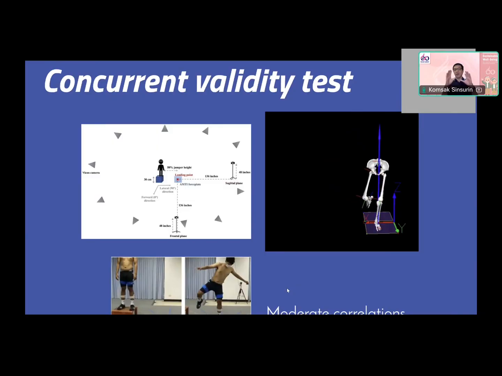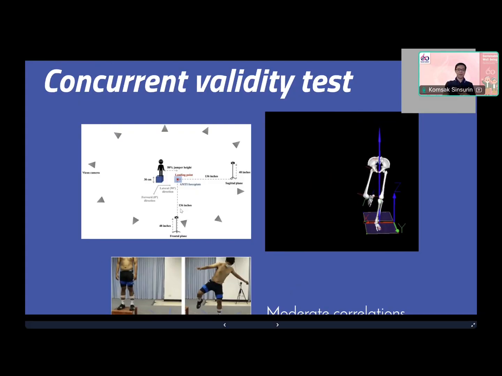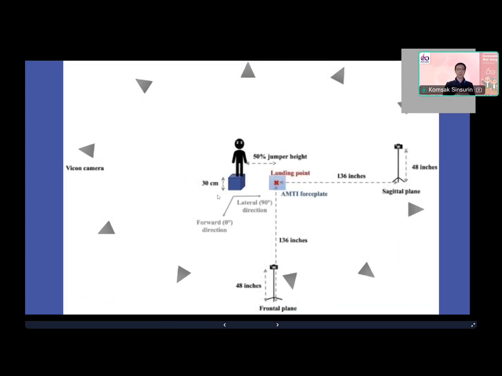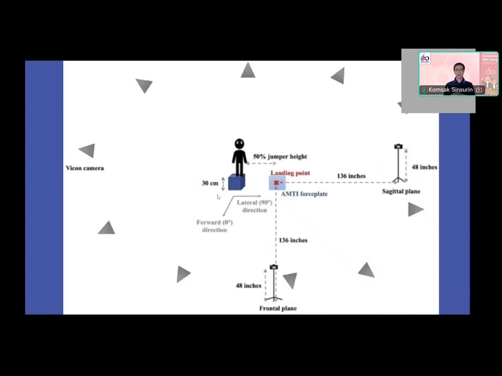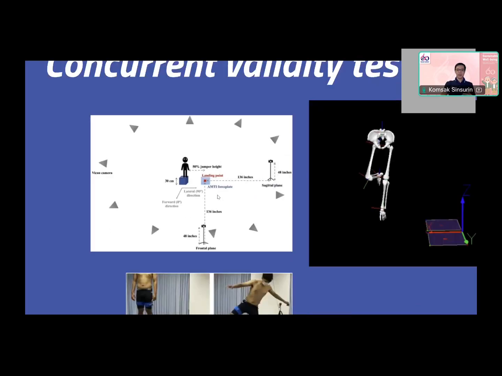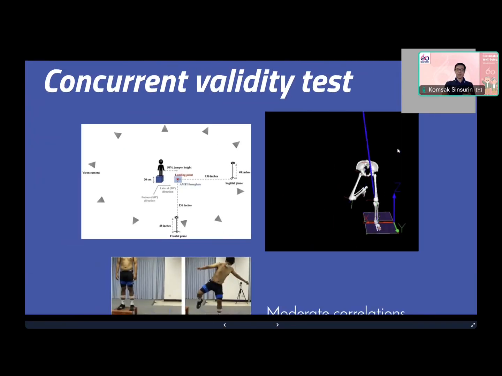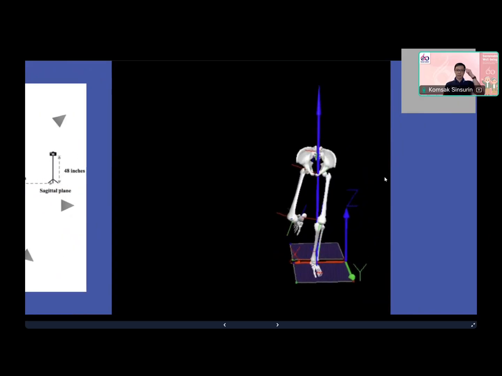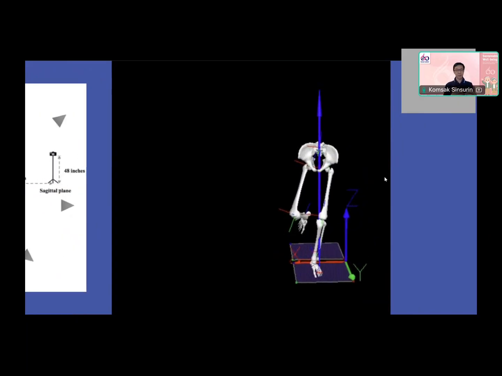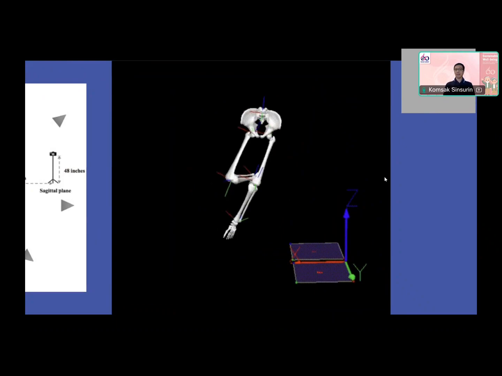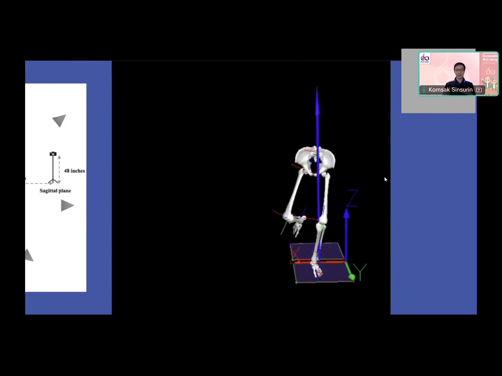We captured with a 2D camera as per the LESM protocol, and also captured the 3D motion with the Vicon motion analysis at the same time, as we show in the figure here. This is an example video of the single leg landing in the lateral direction.